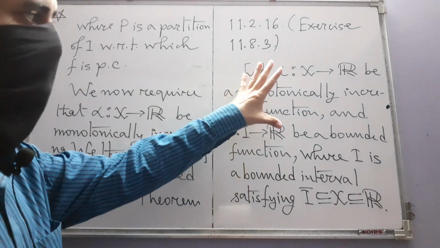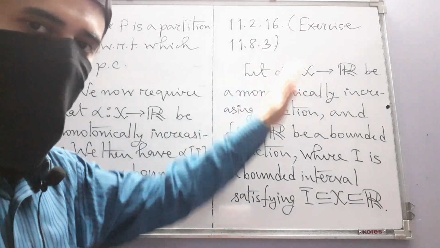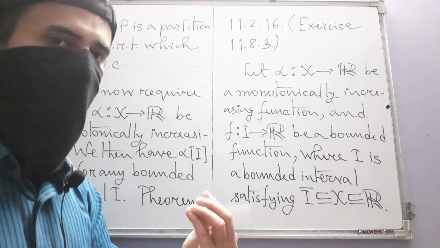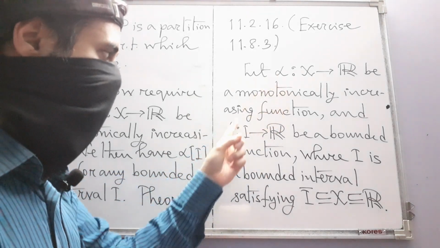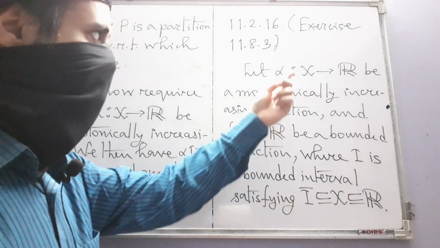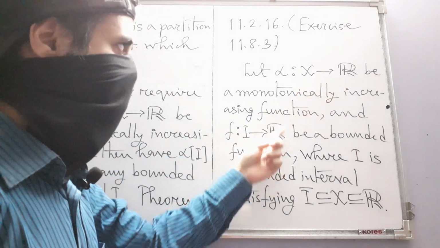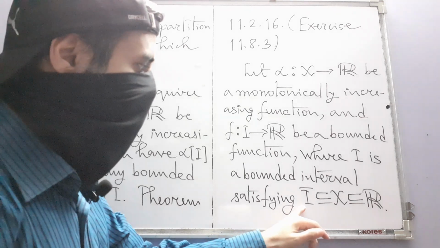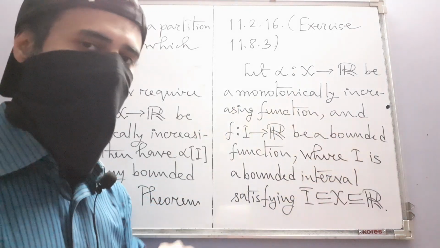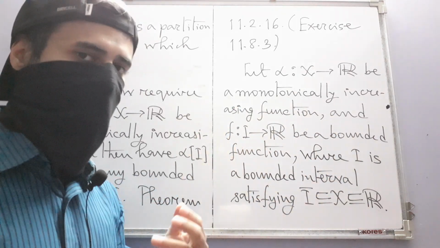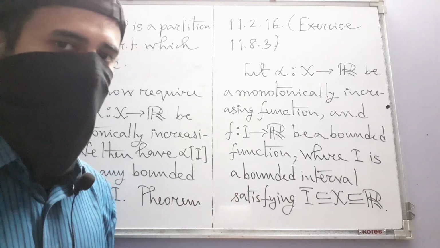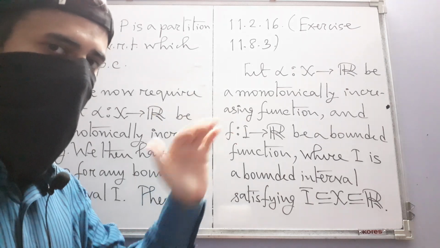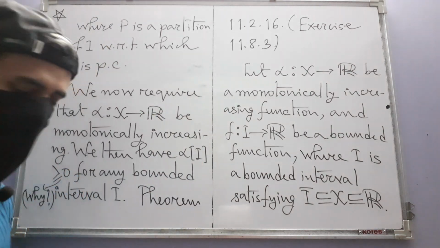Do not lose the gist of the thing in the mass of details. What is it that you essentially have? You have two functions, alpha and f. The domain of alpha is x, the domain of f is I. And they are related like this. f needs to be bounded because f now is not necessarily piecewise constant, but we still need boundedness. There also we needed boundedness while defining upper and lower Riemann integrals. Now we define.